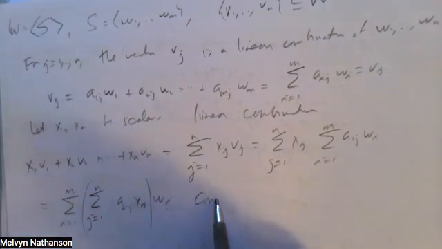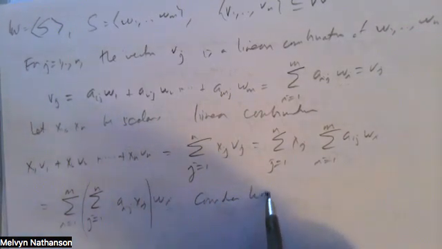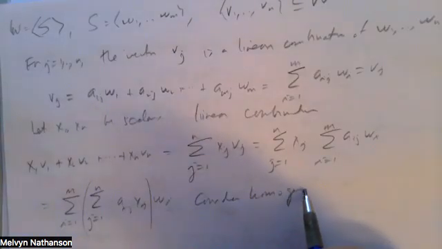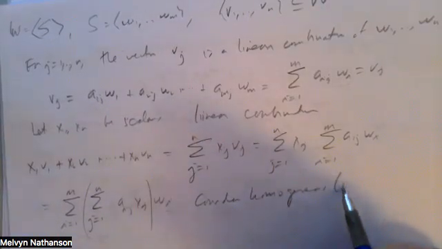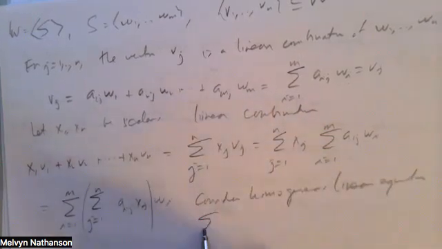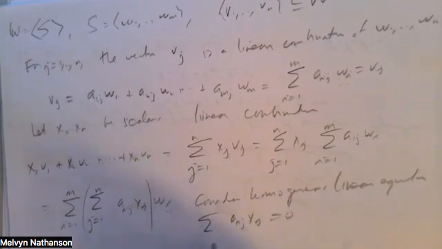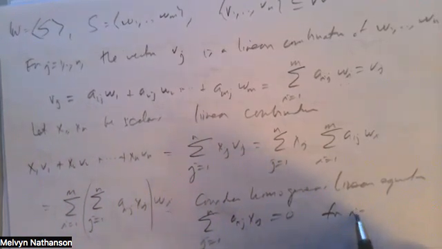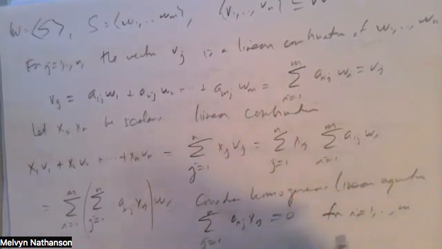So consider the homogeneous linear equations: the summation of aij xj equals 0, j goes from 1 up to n. So this is a linear equation for all i from 1 up to m.